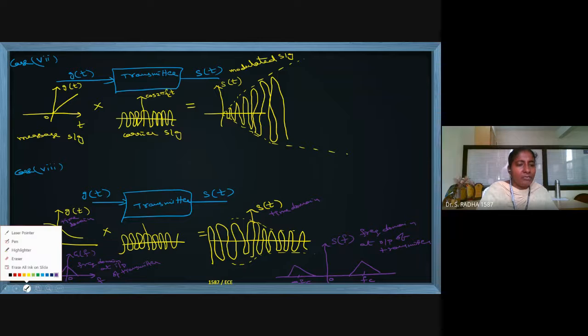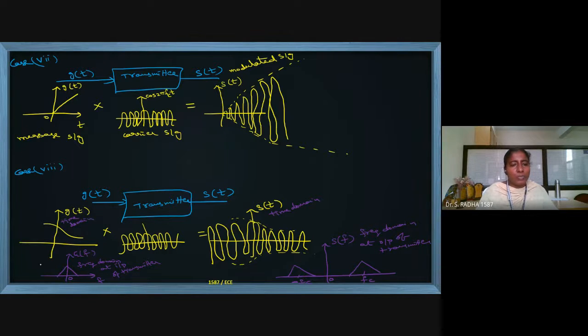Frequency domain is otherwise called a spectrum. This is the spectrum of input signal G of t, our input. Spectrum means frequency domain. This is the spectrum of the output, the spectrum of S of t, called S of f.